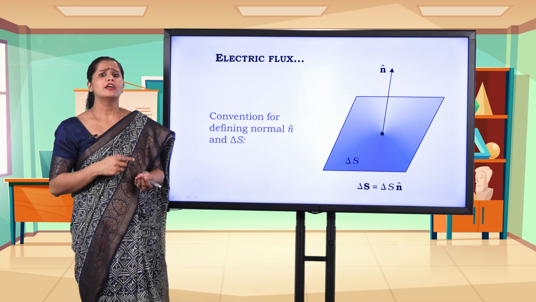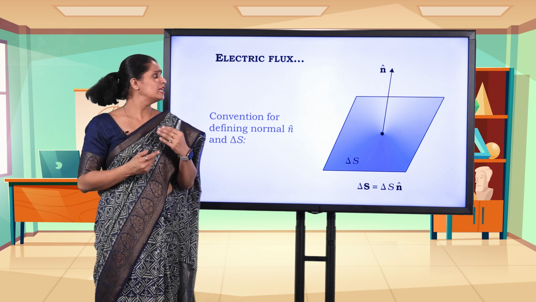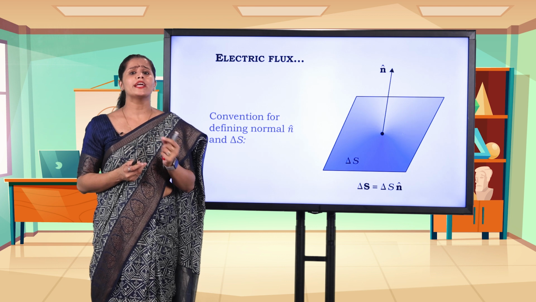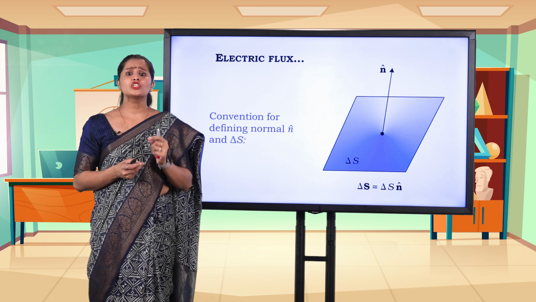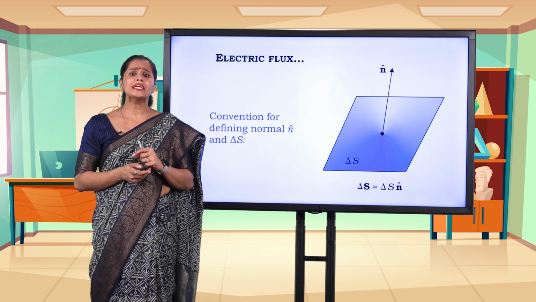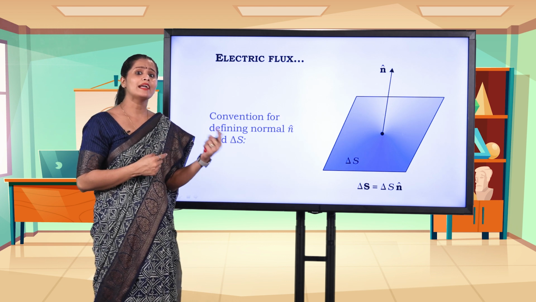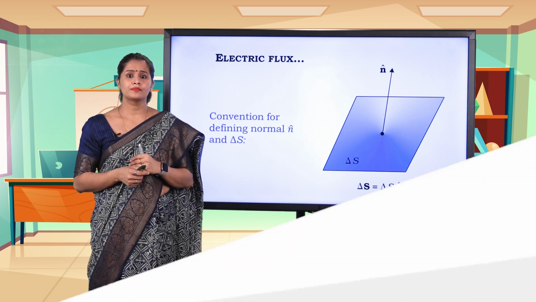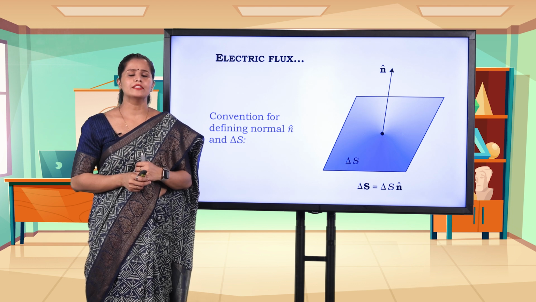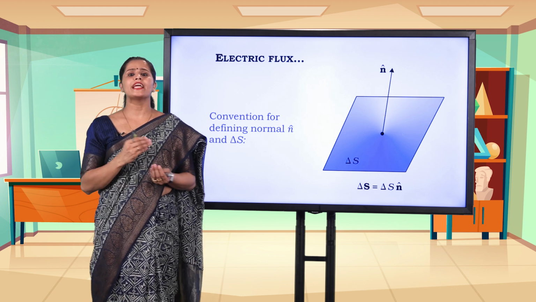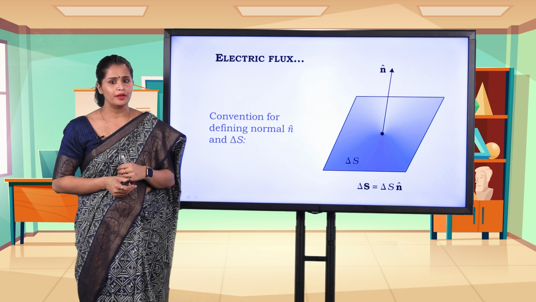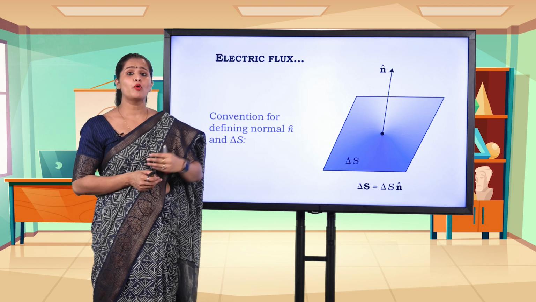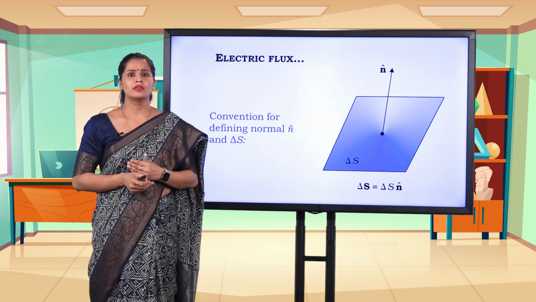We imagine dividing the surface into a large number of very small area elements, and each small area element may be treated as planar and a vector associated with it. We notice an ambiguity here. The direction of an area element is along its normal, but a normal can point in two directions.